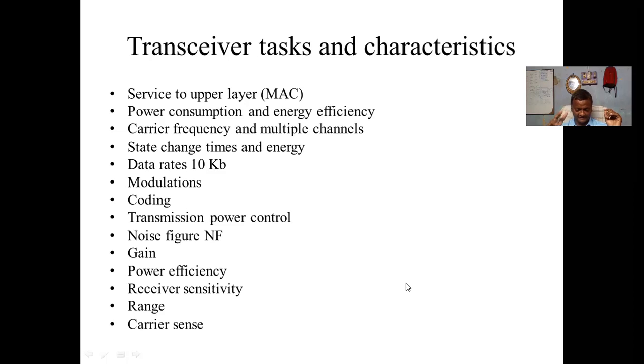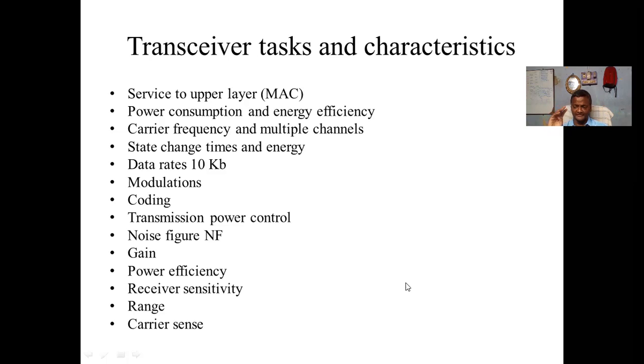Second, if there is congestion or blocking, then to avoid the blocking, the same data should be transmitted on another carrier frequency. For this purpose, we are using the carrier frequency and multiple channels.